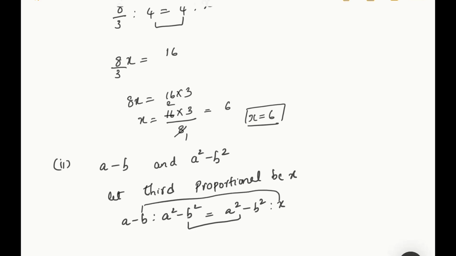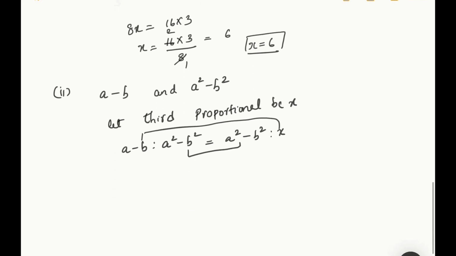So what do you get? a minus b into x equals a square minus b square into a square minus b square.